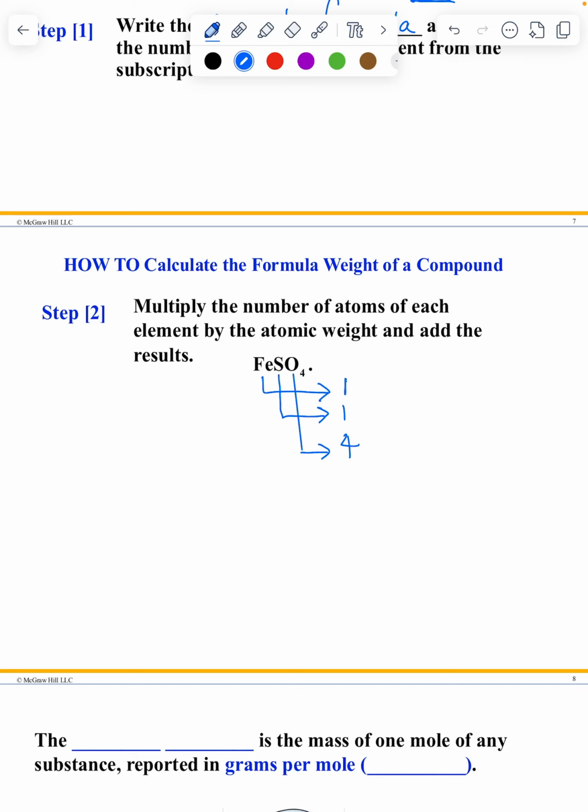And then I would need to go to my periodic table and find out what the mass of each of these elements are. And so I'm then going to multiply the mass by how many of that atom I have, and that will give me the mass of that atom in the compound. And so iron, if you look at the periodic table, you'll find it has a mass of 55.58 AMU.